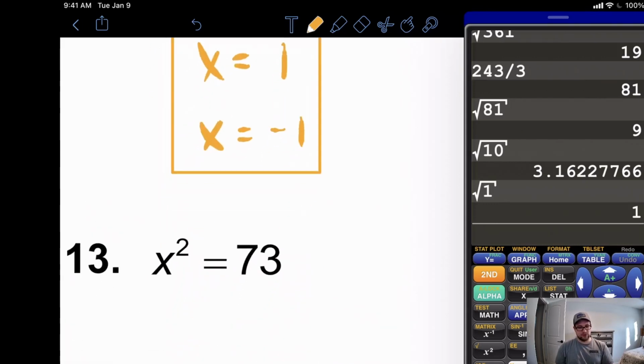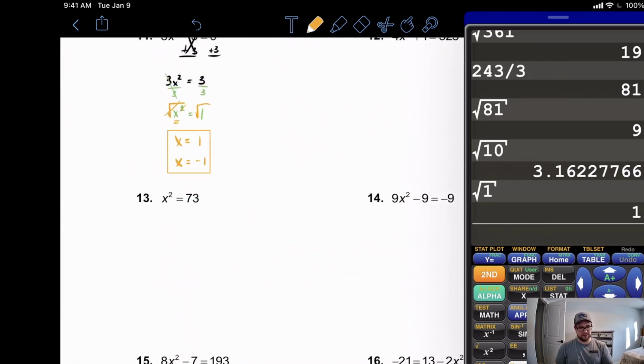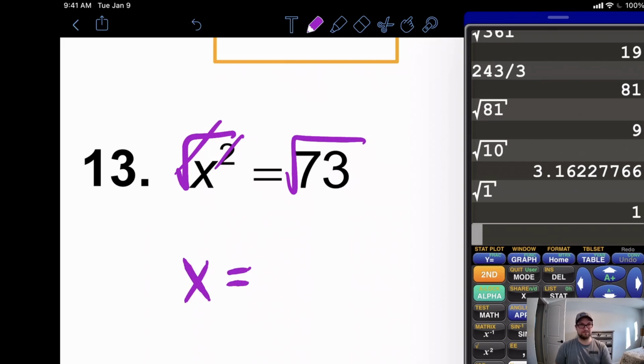All right, so how about number 13? I think we're 2 more problems left. We're almost there. So if I look at problem number 13, notice how the x squared is already alone. So that means you can just jump right ahead and take the square root of both sides. These two pieces cancel off, so I'm just left with x. Now, the square root of 73, I don't think it's a nice number, but that doesn't mean that there's no solution.